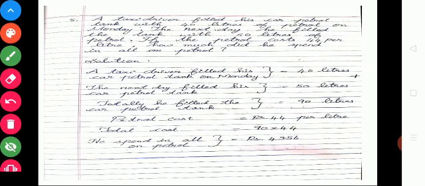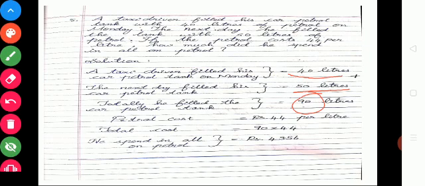So Monday, how much petrol did he put in? 40 liters. And the next day, 50 liters. In these 2 days, totally how many liters did he fill in the tank? Now add. So 40 liters on Monday and the next day 50 liters. So totally how much did he fill? 90 liters. 40 plus 50 is 90 liters.